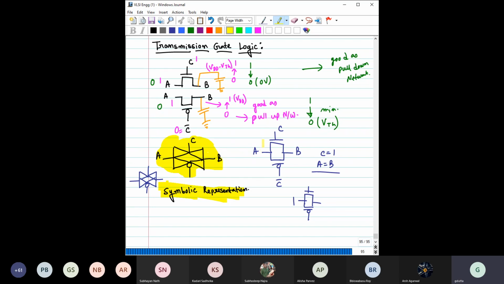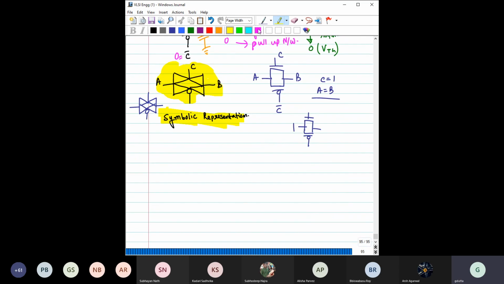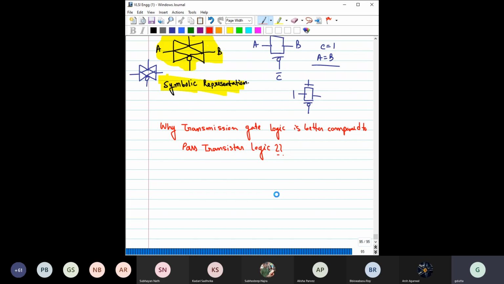So let me put this question here so that while you are reading: why is transmission gate logic better compared to pass transistor logic?